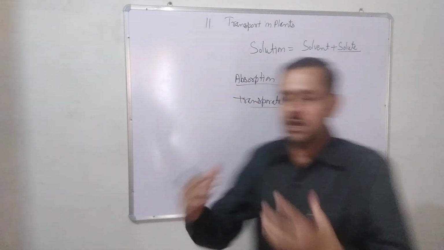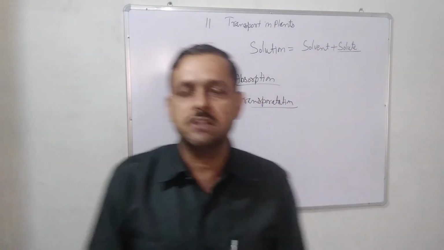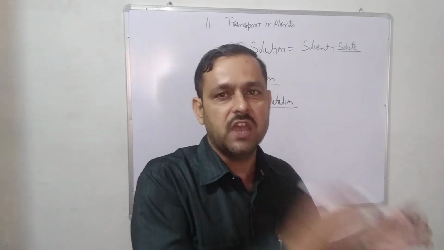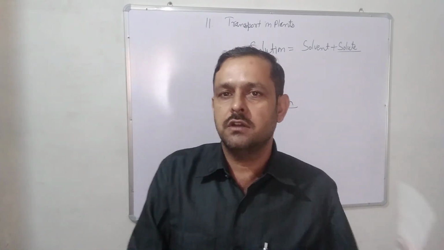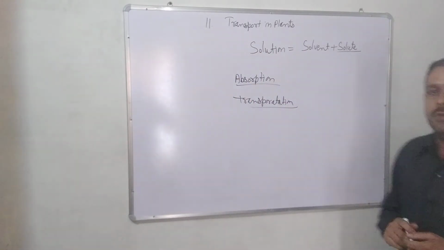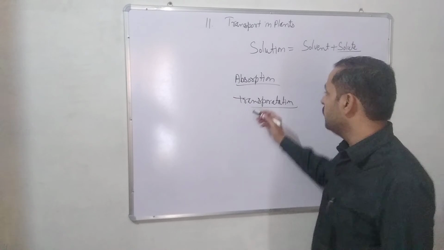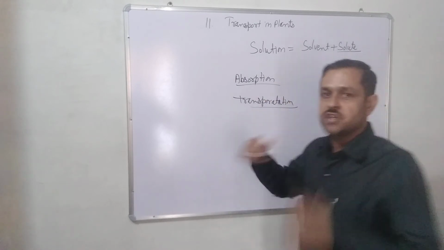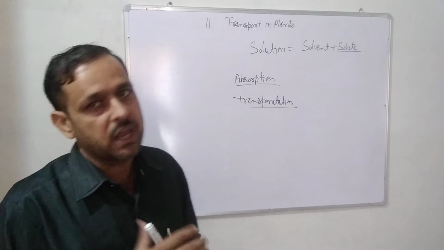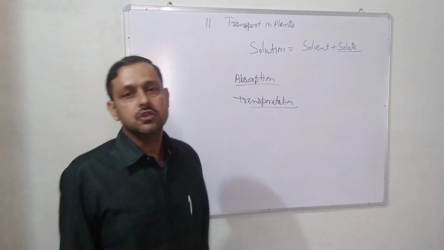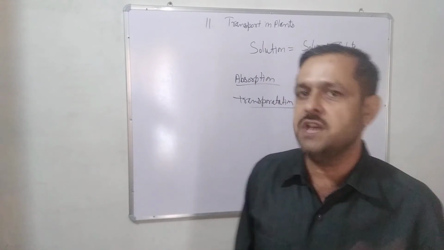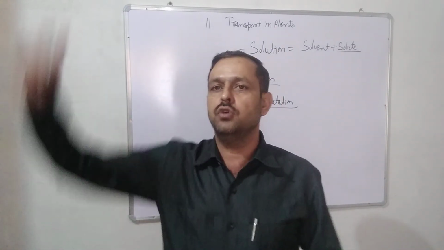In the soil particles there is water, and taking that water to the xylem of the root is called absorption. Then from the xylem of the root, this water is transported to the xylem of the leaf through the stem. That is called transportation. So the direction of water transport is unidirectional, from root to leaf.